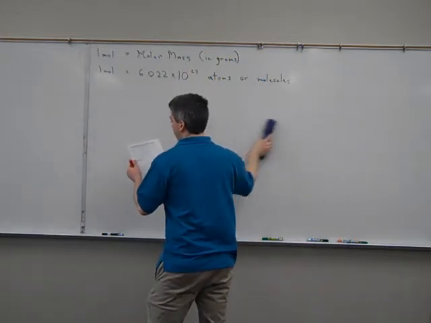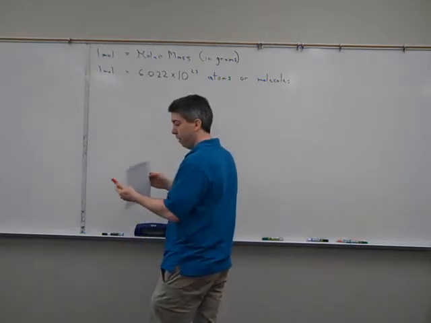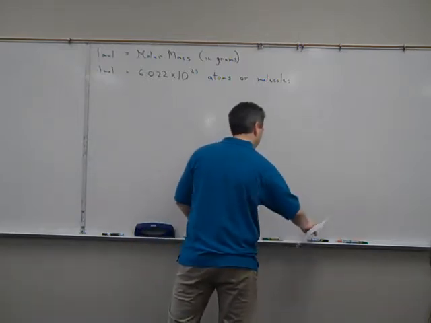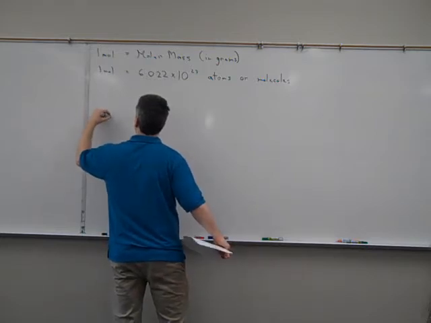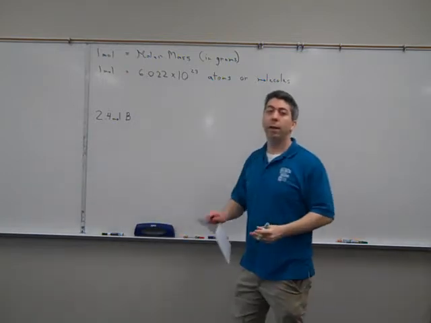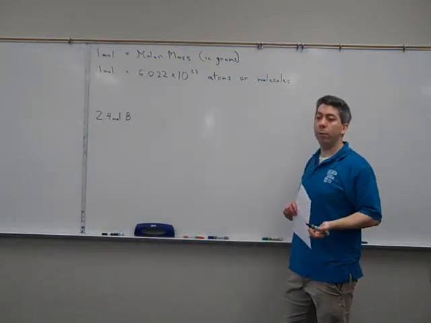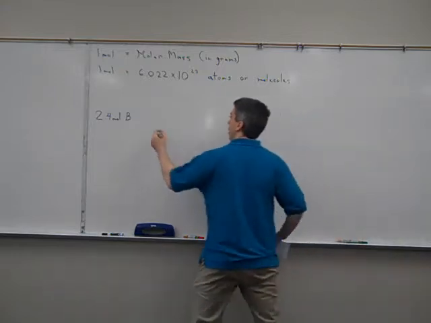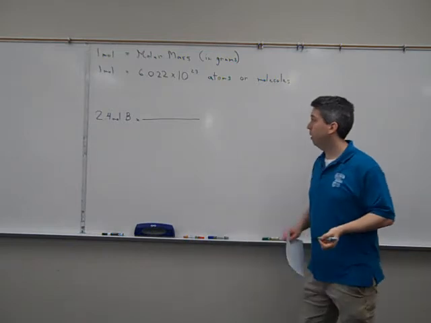For example, how many atoms are in 2.4 moles of boron? This is going to be a relatively simple one. You always start with what you're given, the 2.4 moles of boron. And we're going to convert the moles to atoms.